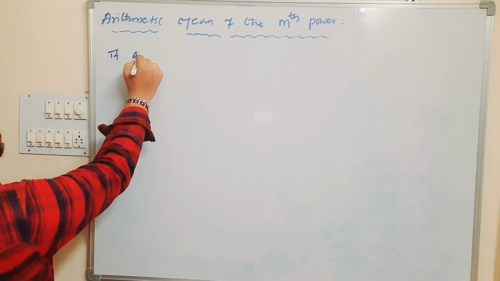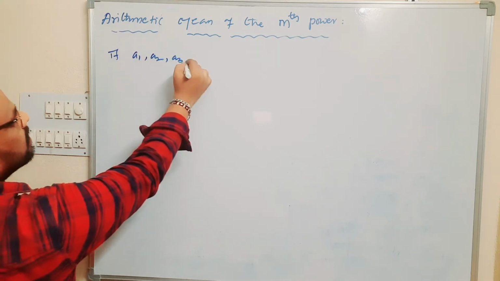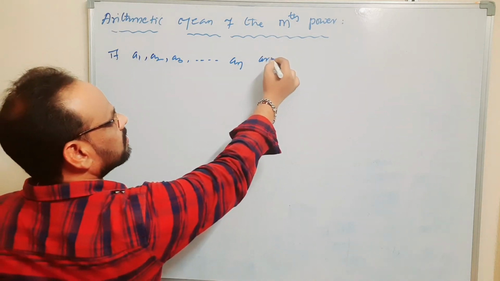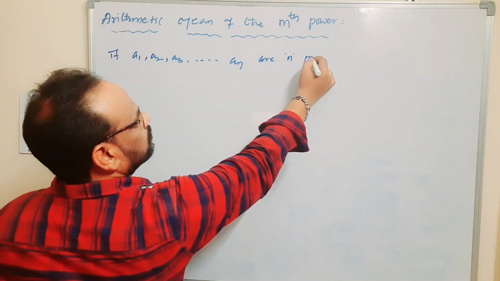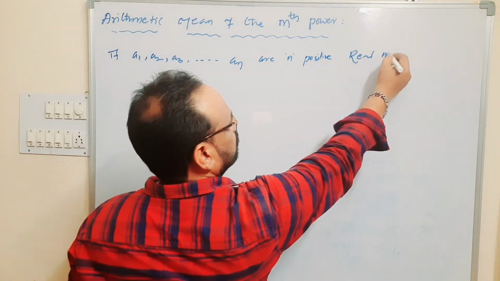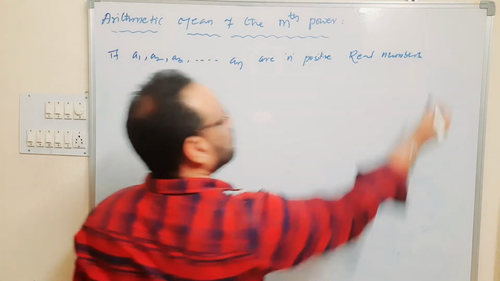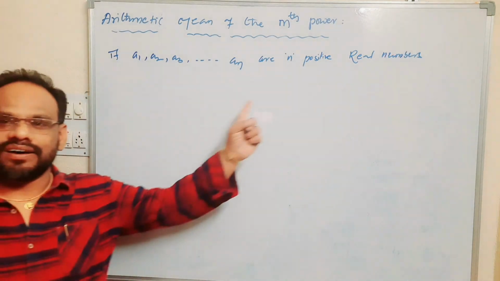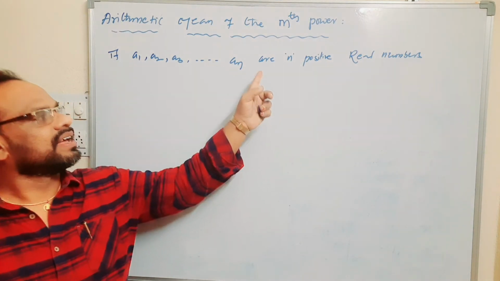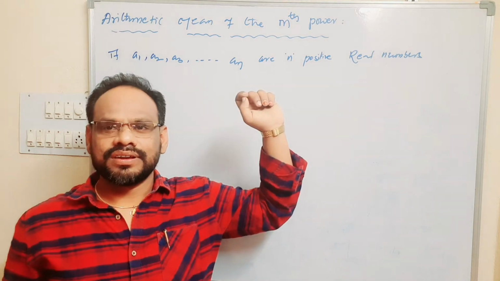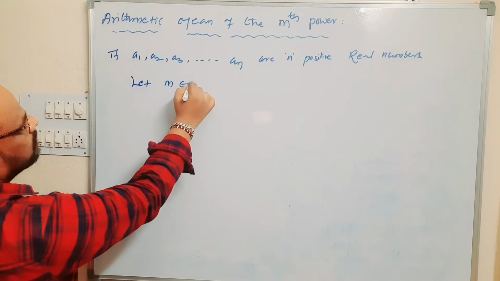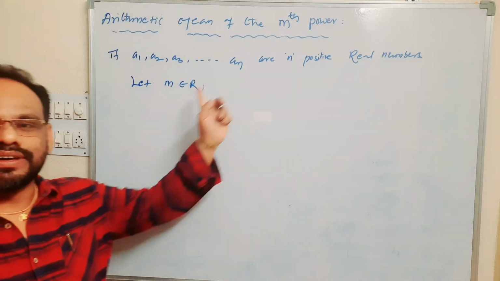If a1, a2, a3, and so on an are n positive real numbers, not all equal, let m be any real number. m belongs to real numbers.